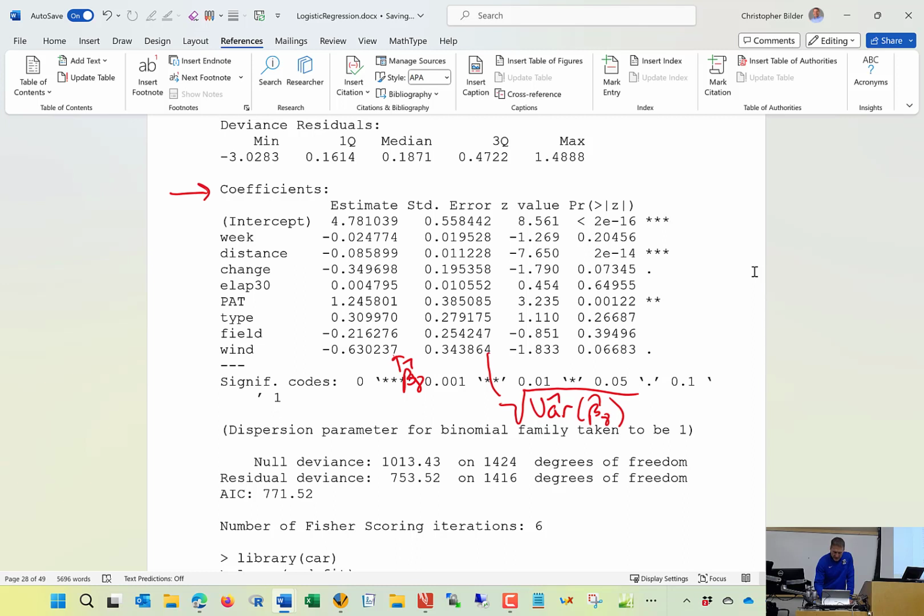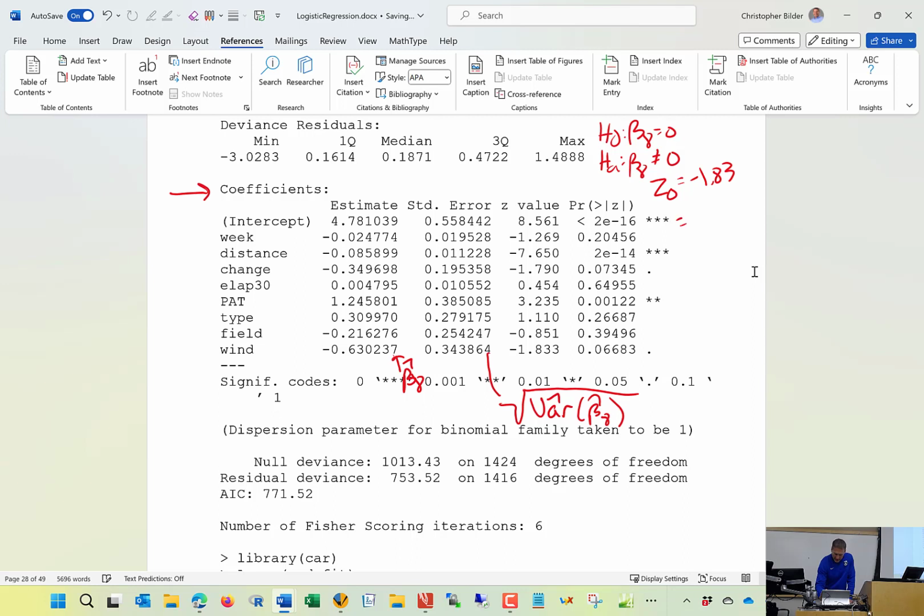The z-value is a test statistic that is used to do the following hypothesis tests. H0: beta 8 is equal to 0. Ha: beta 8 does not equal 0. And my z test statistic, let's call it z0, is negative 1.83.